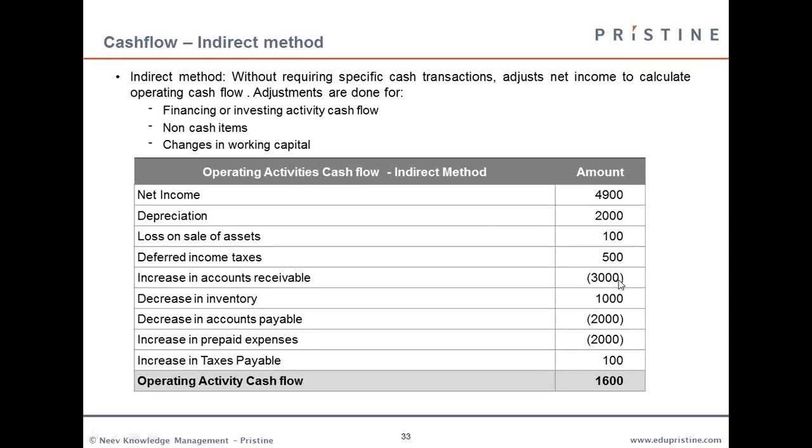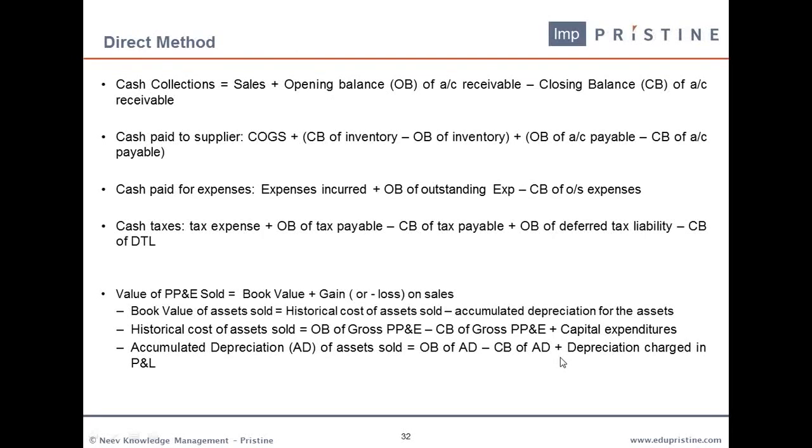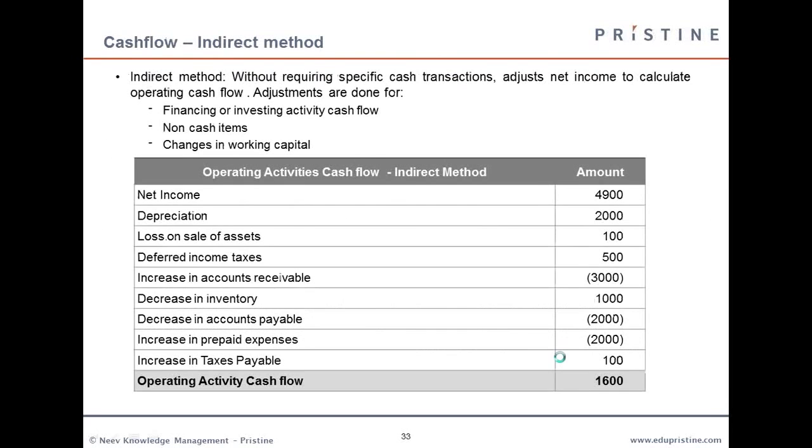Say accounts receivable, an increase in current assets is subtracted, whereas an increase in current liabilities is added. So that's the thing that we have to remember, and using that we can get the operating activity cash flow, which is the same as what we got in case of direct method.